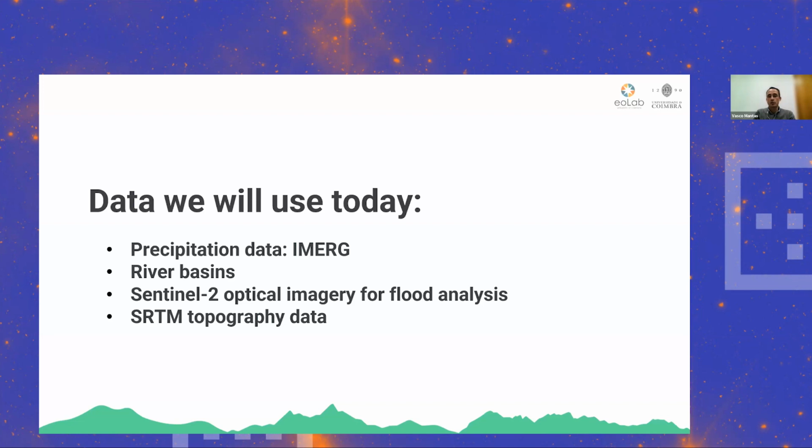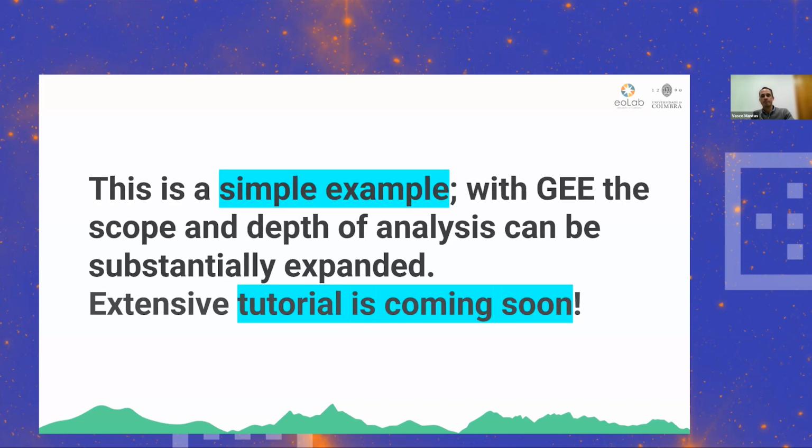We're going to send it to you by email in one of the post-workshop emails. Again, this is a very simple example, because with Earth Engine, you would be able to do something a lot more in-depth. Your analysis could be expanded, but again, a more extensive tutorial is coming soon. So I'm going to switch to Earth Engine, to the actual platform.